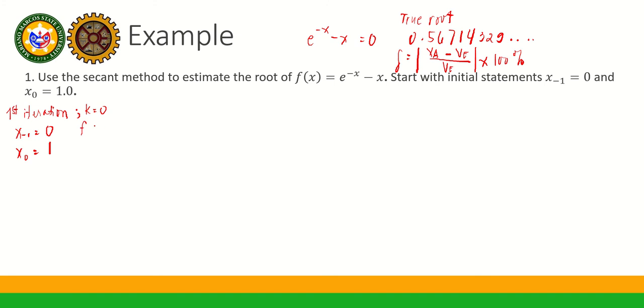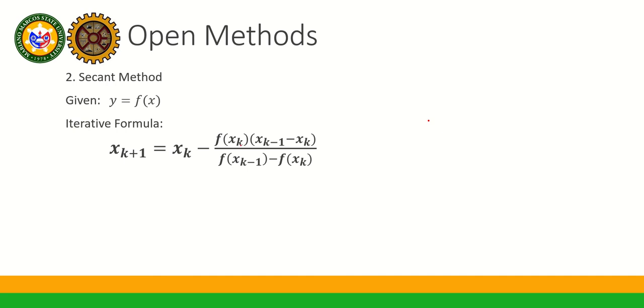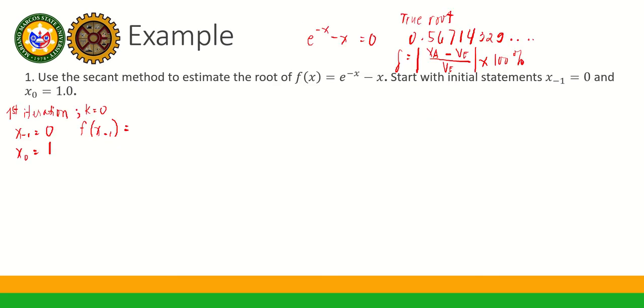So, si f of x sub negative 1 natin, if we plug si 0 dito sa ating function, we will get f of x sub negative 1 equal to 1.